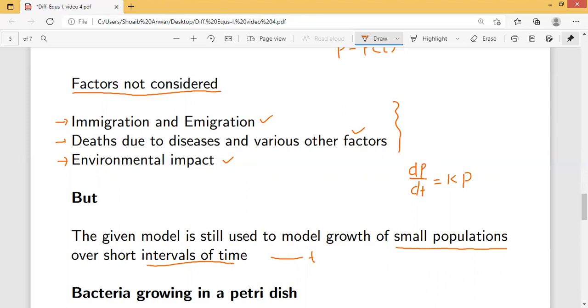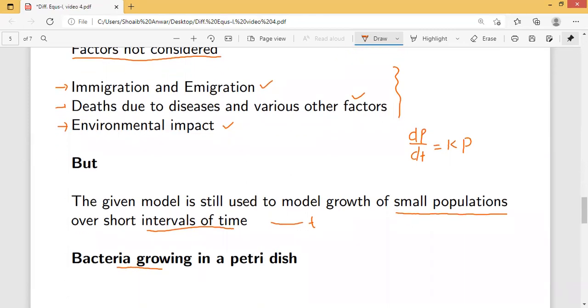For example, the bacteria growing in a petri dish. A petri dish is usually used by biologists to hold the growth medium, for example, for bacterial growth. The bacterial growth in a petri dish can be tackled with this model dP by dt is equal to kP.